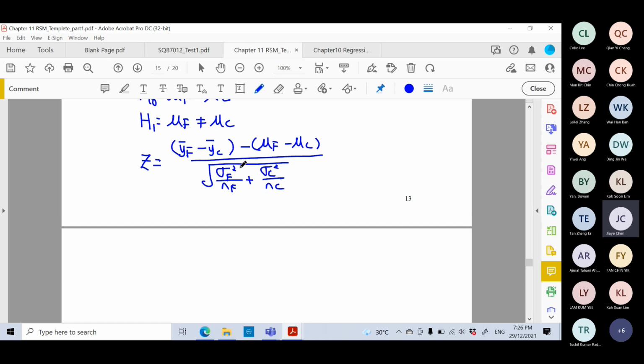If the variances are equal, assume sigma square equals sigma for the F square equals sigma for the C square. If both have a common variance, then we have the following statistic.